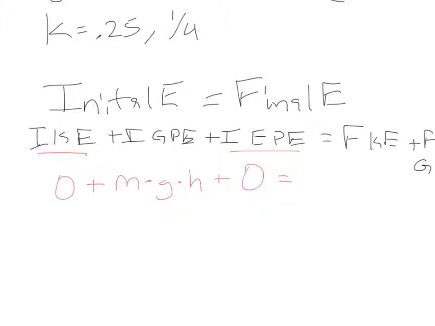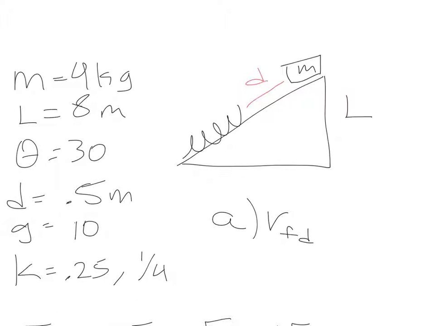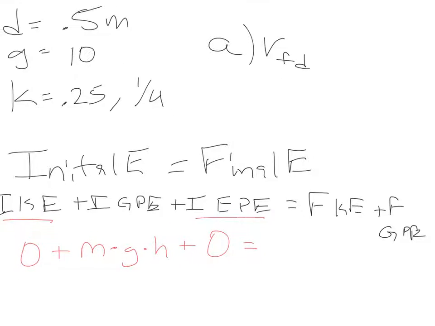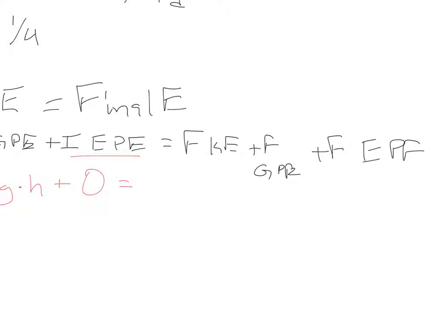Let's go up here and look at that. We're going to set this line right here as my height 0, which makes it a little bit easier. That means that when it hits the spring, when it's gone all the way through d, we have kinetic energy. Oops, I forgot the m.